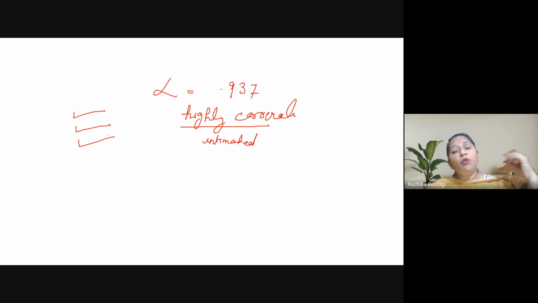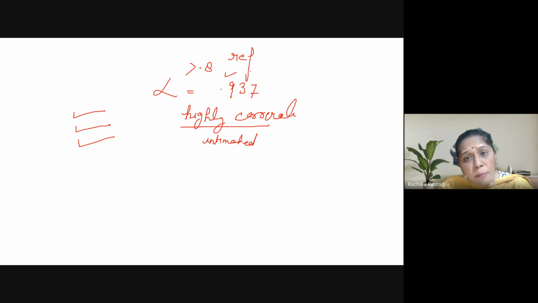So whenever in your research article or thesis the value comes to 0.9, meaning more than 0.8, give proper referencing of what this value represents. You simply have to justify it, and the justification you can take from the literature review. But if the value is more than 0.8, that means all the questions are highly correlated with each other.